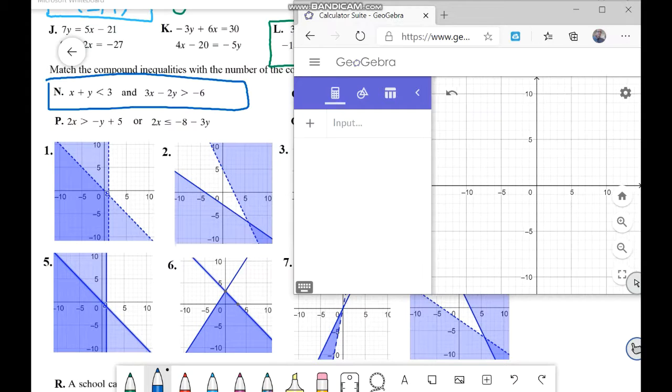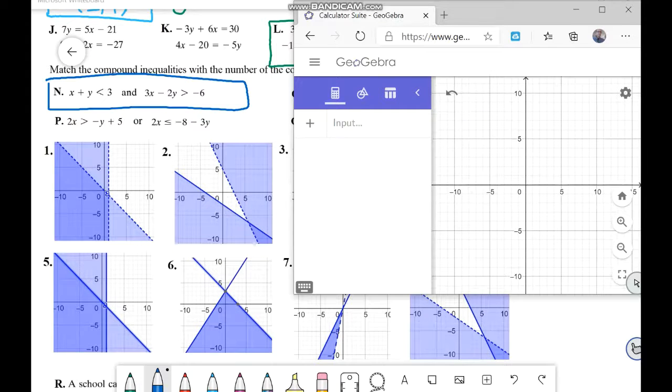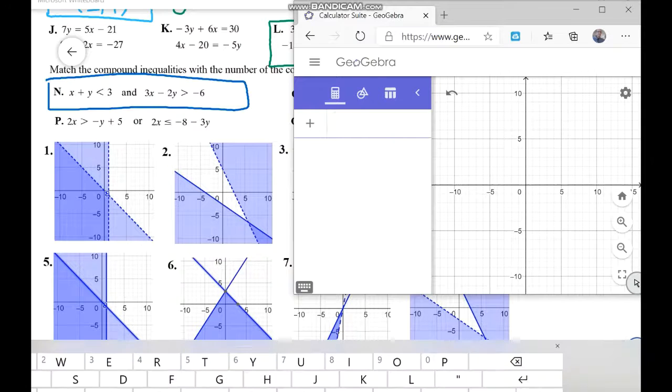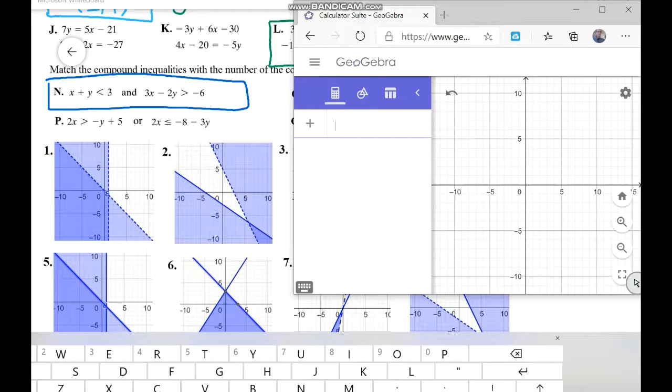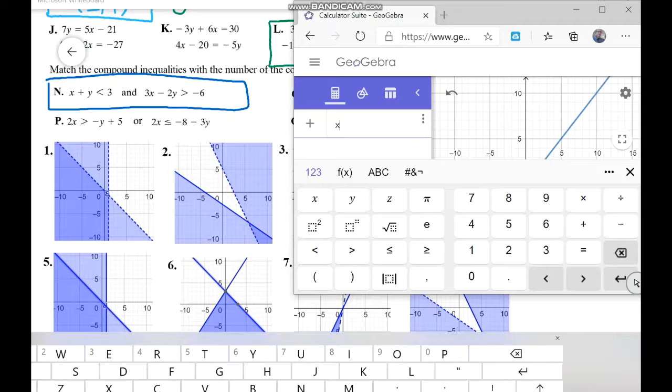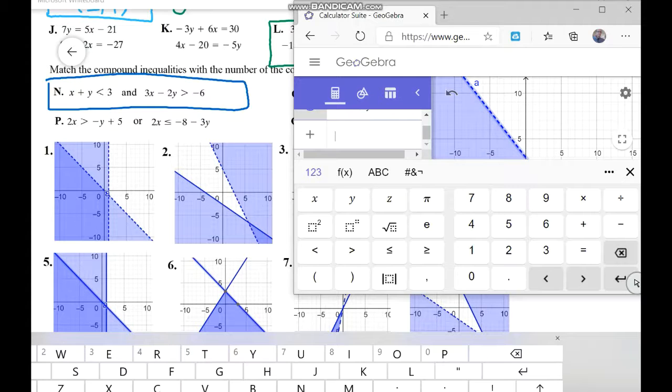The range, so you can compare, and type the inequalities. X plus Y less than 3. Enter. And 3x minus 2y greater than -6. Enter.